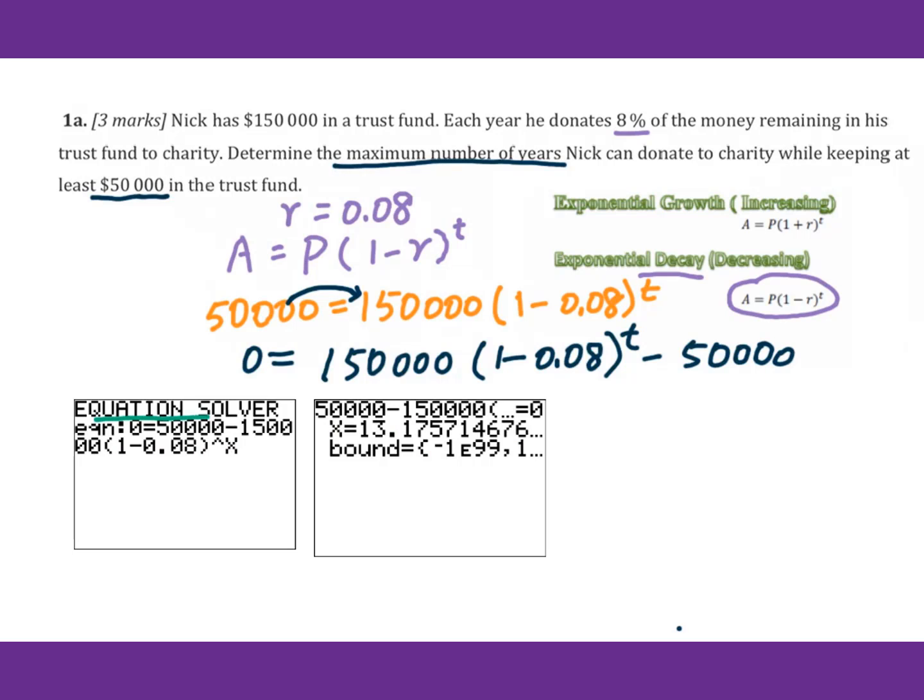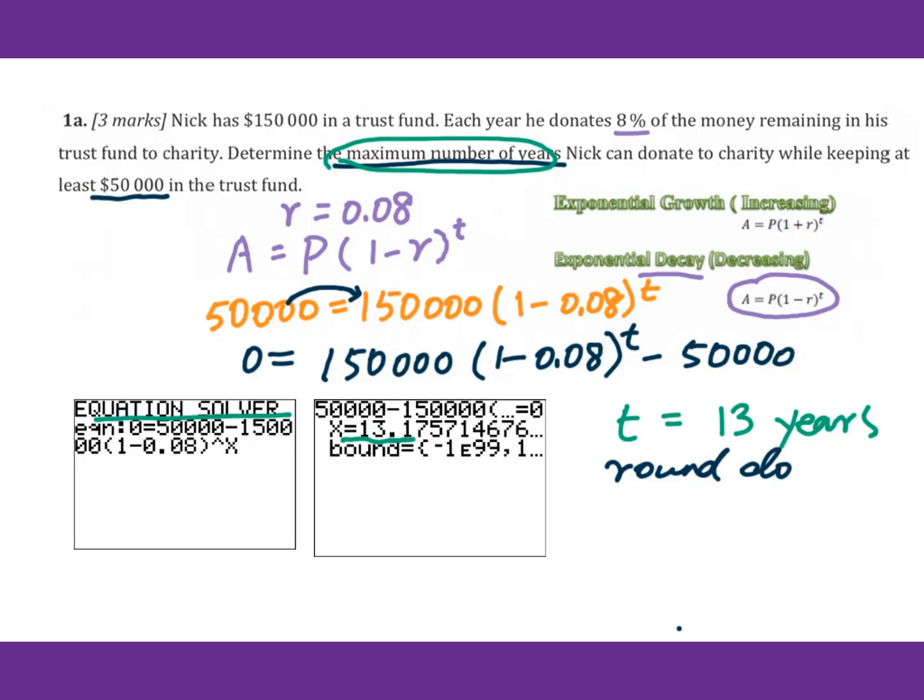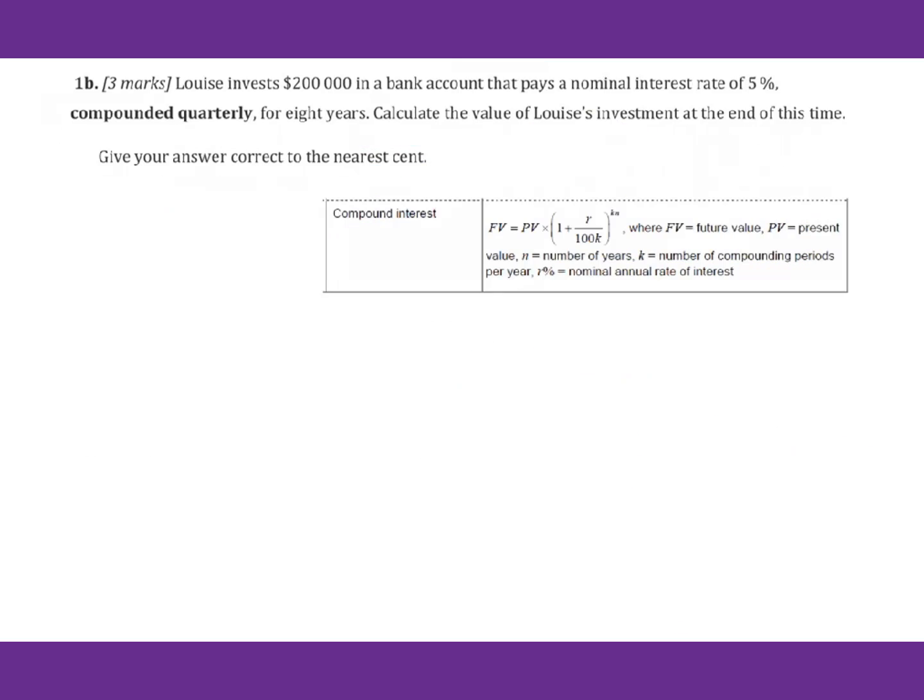We plug into equation solver. You will get x equals 13.17. Therefore, they ask you how many years. This is a maximum number. That will be 13 years. This is a round down problem. So no matter what this number is, you need to round down, because you are looking for at least $50,000.